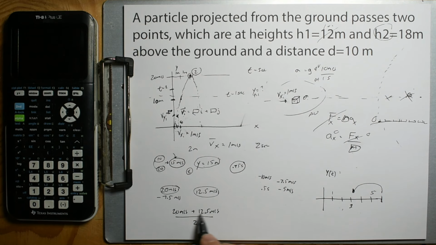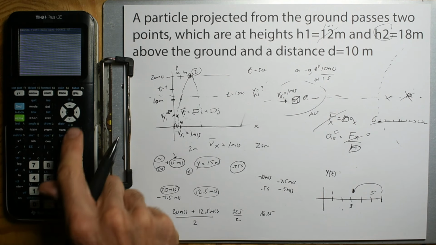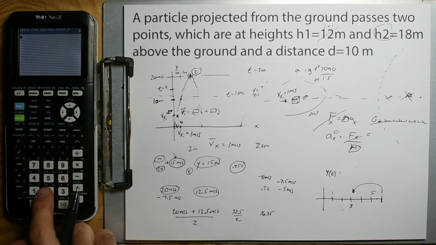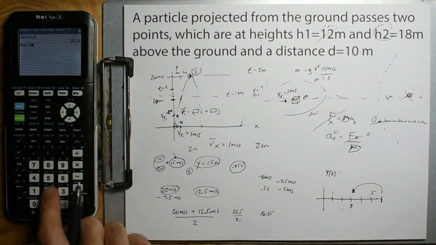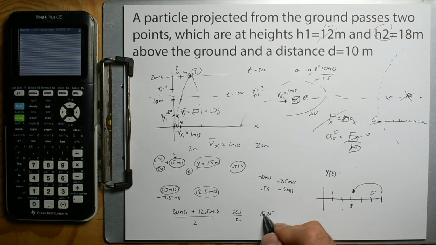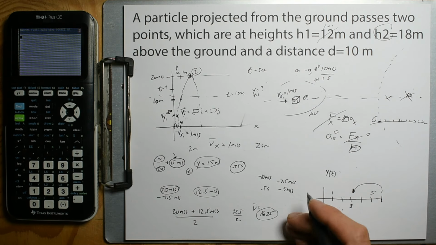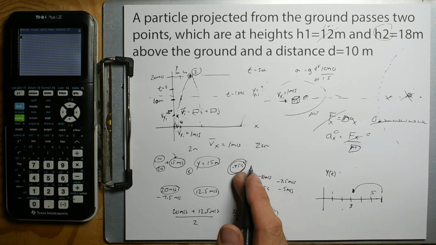Cool. So I'm going to have 32.5 divided by 2. That's going to be 16.25. All right, let me just double check. Okay, so we have an average speed of 16.25. But we're only traveling at that average speed for 0.75 seconds.